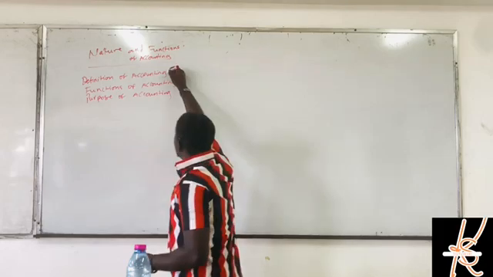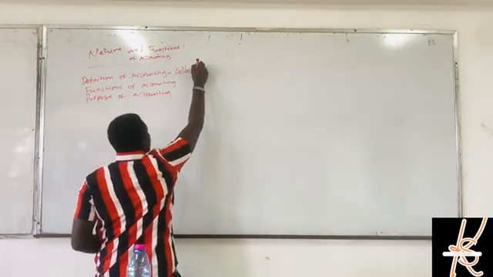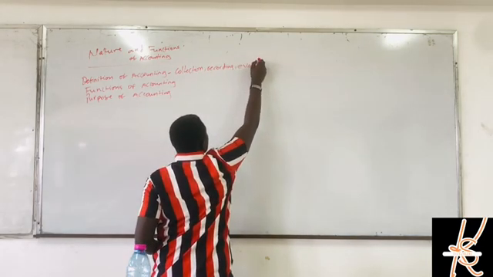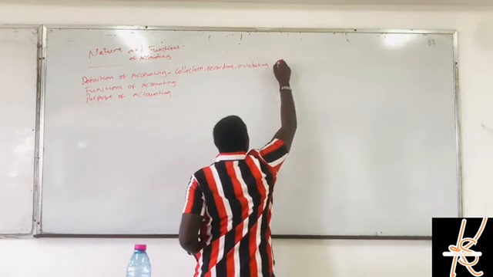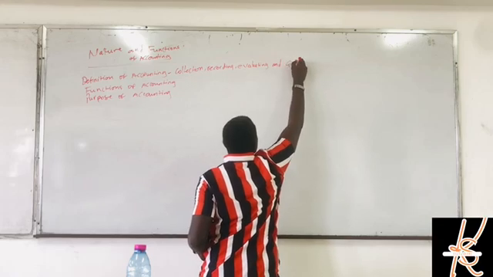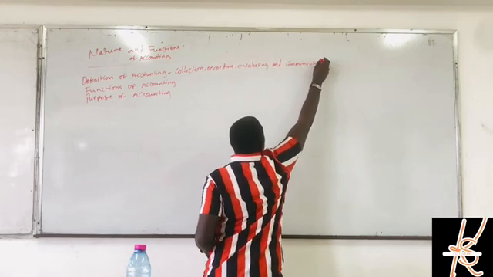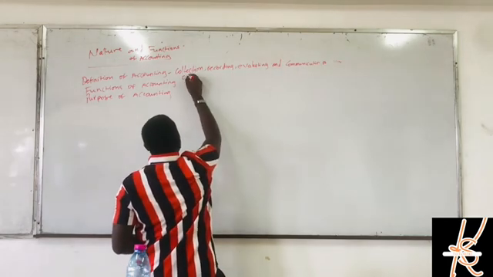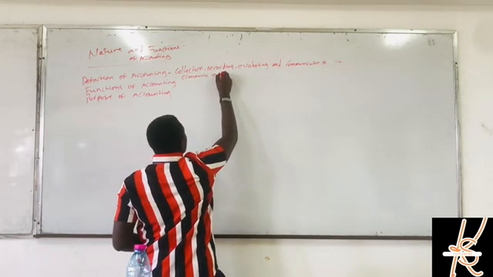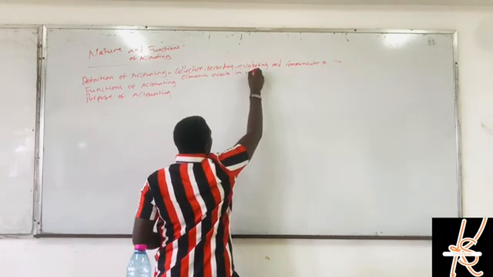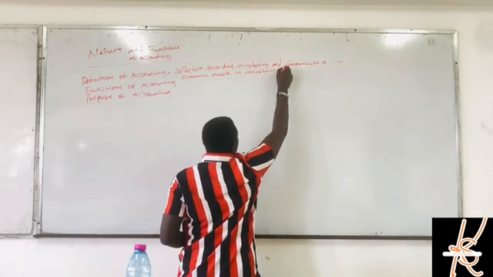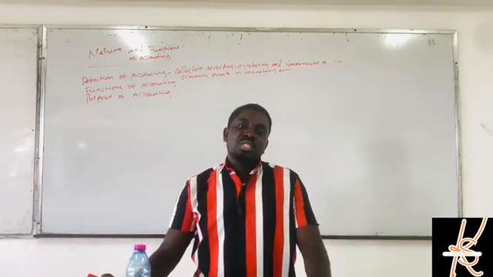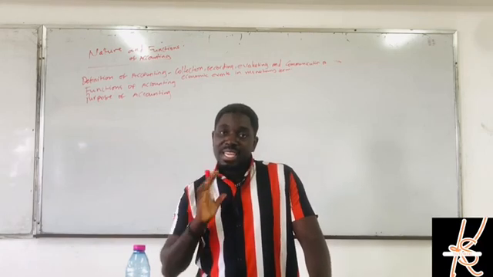So this is collection, recording, evaluating, and communication of economic events in monetary terms. Where there's no money involved, we are not dealing with financial accounting. There's supposed to be money involved.